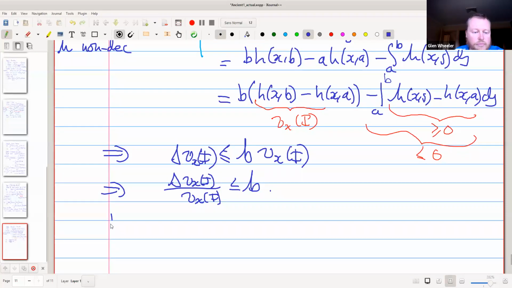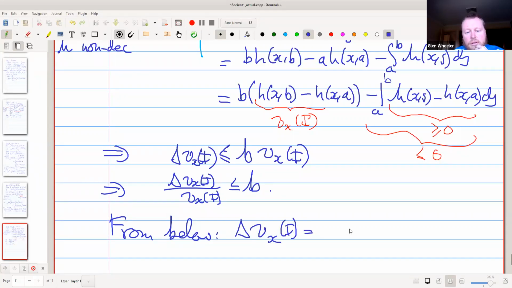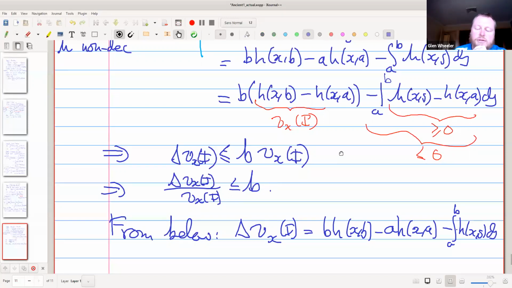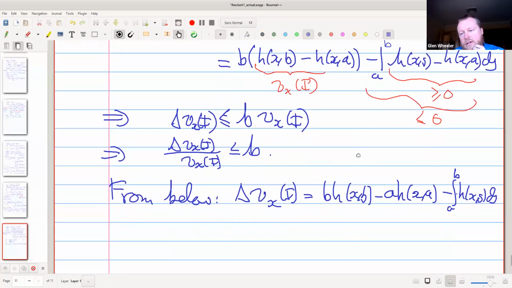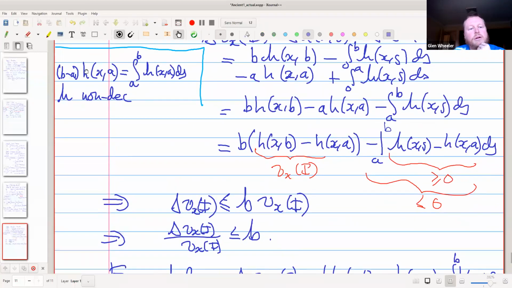From below, we start off at the same place, nu x of I. It's b h x b minus a h x a minus the integral from a to b of h x s ds, like that. And yeah, we get the same spot. But now instead of adding and subtracting the integral of x a, we add and subtract the integral of x b.